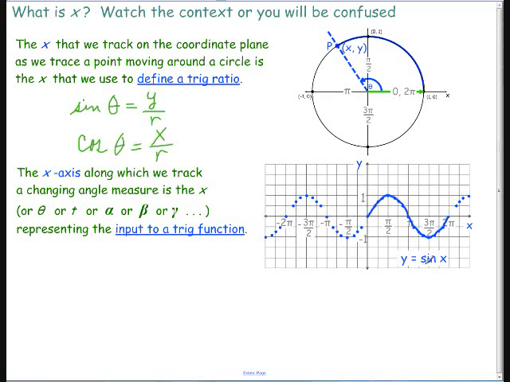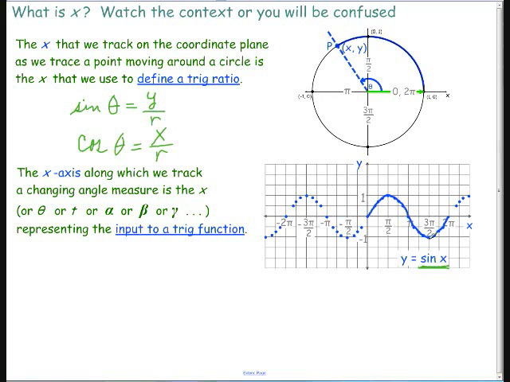Now you see we're tracking a trig ratio, in this case the sine of x. And as we go from 90 to 180, the ratio is falling back to 0. Then as we go from 180 to 270, the ratio is going negative, because down here y is going to be negative.